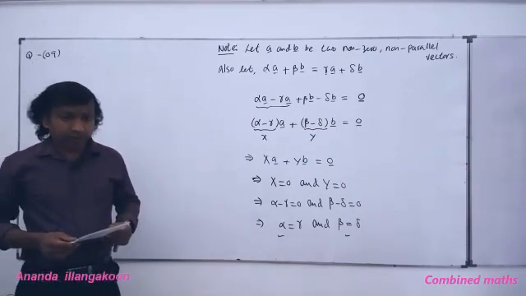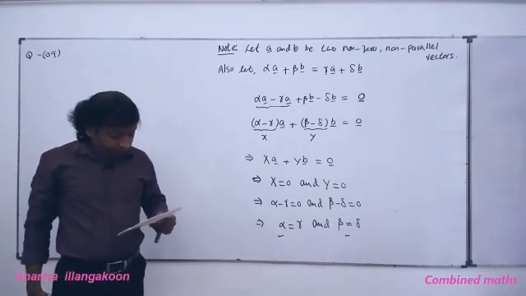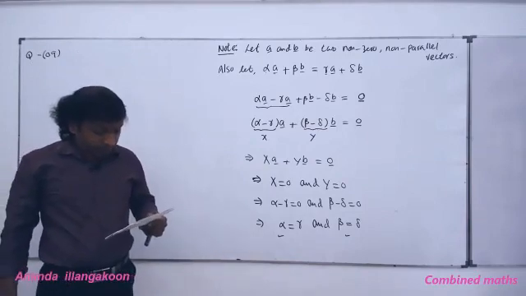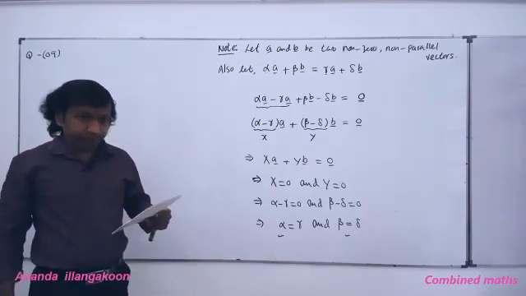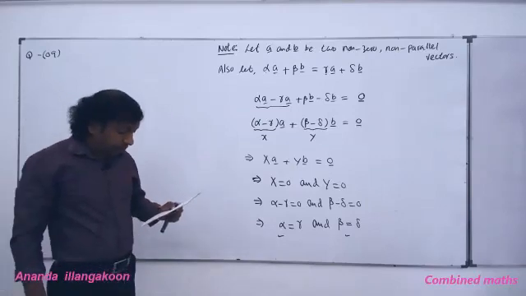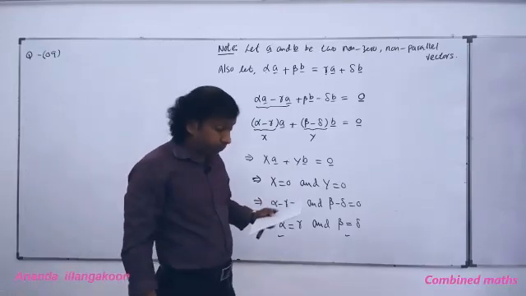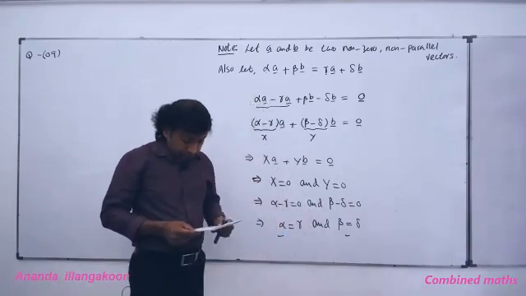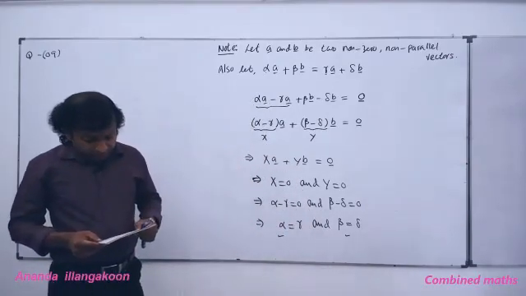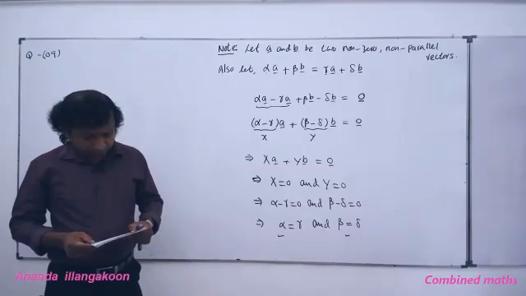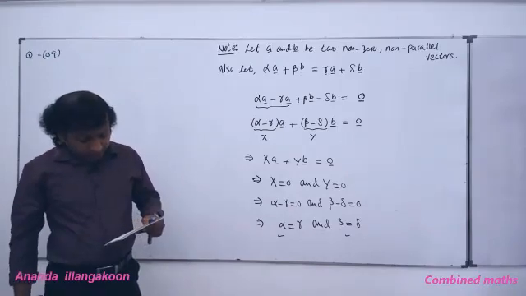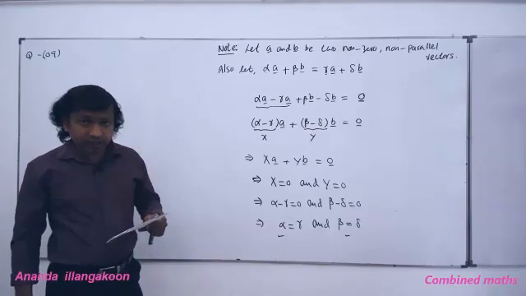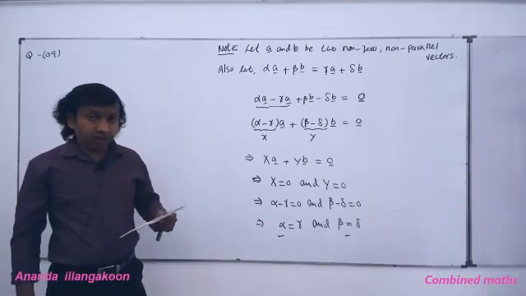Question number 9: you are given a parallelogram OACB, given that OA vector is simple a, OB vector is simple b. The point D is on AC such that AD is to DC is 3 is to 2.